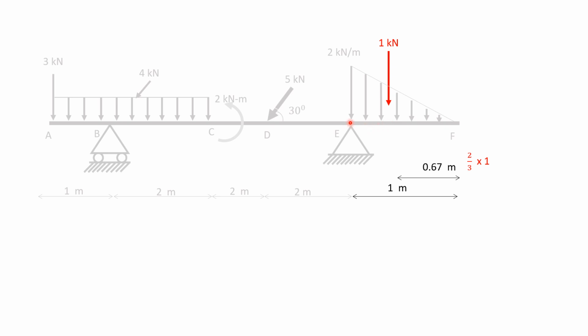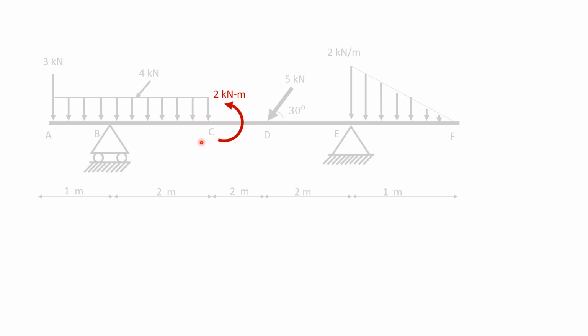Base is E, this is 2, and apex is 0. So it will act at 1/3 from this point or 2/3 from apex. From apex, 2/3 of 1 is 0.67 meters.